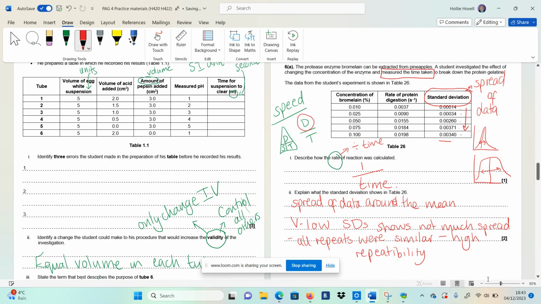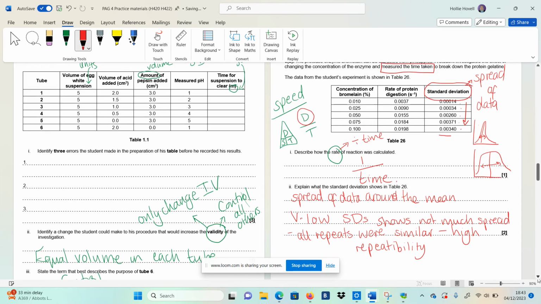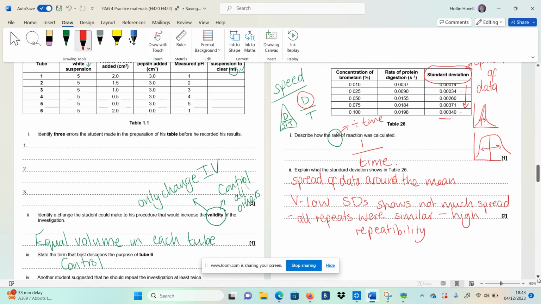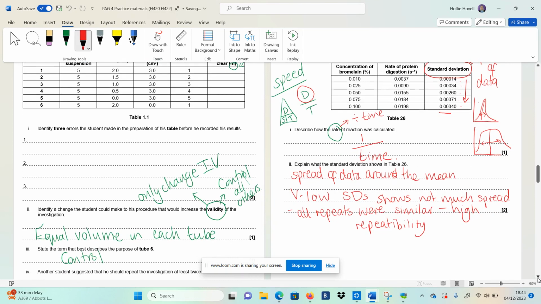So we've got most of a pattern. 1, 2, 3, 4 out of 5 results show you that pattern. So as the concentration increased, the standard deviation increased for the first 4 concentrations.